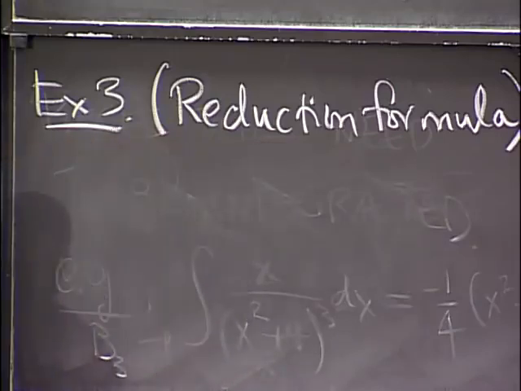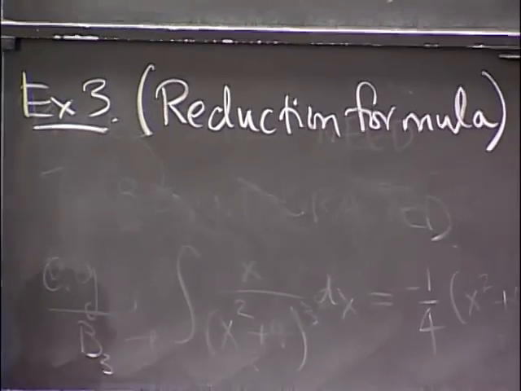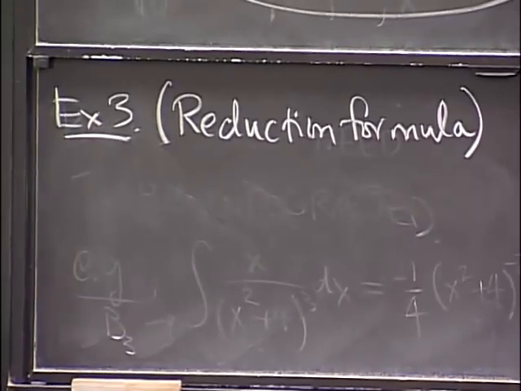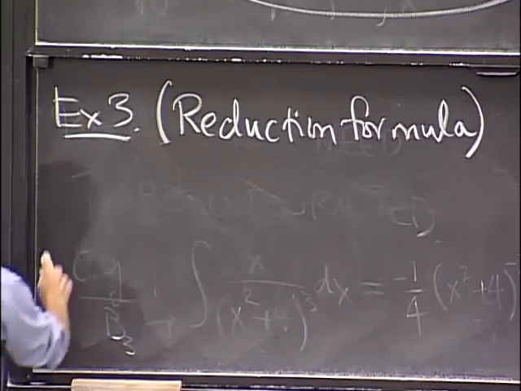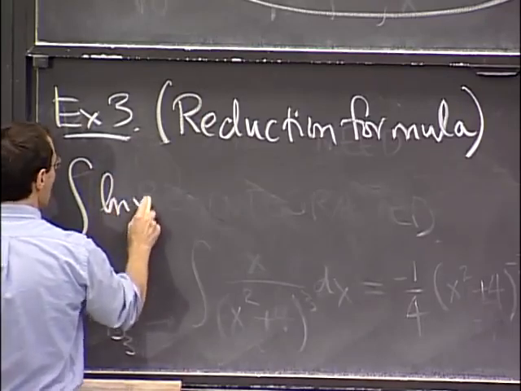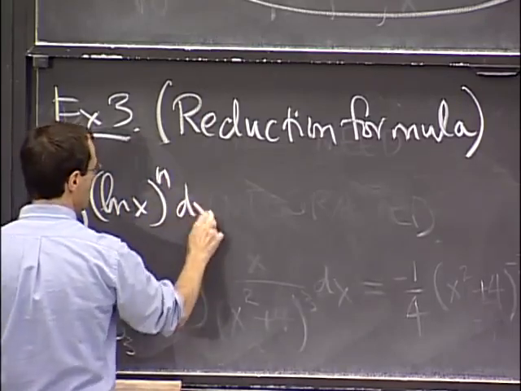A reduction formula is a case where we apply some rule and we figure out one of these integrals in terms of something else, which is a little bit simpler. And eventually we'll get down to the end, but it may take us n steps from the beginning. So the example is the integral of (log x) to the n power dx.